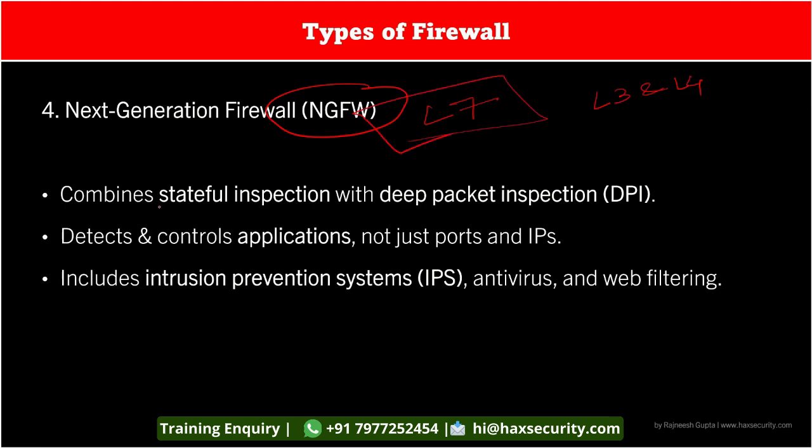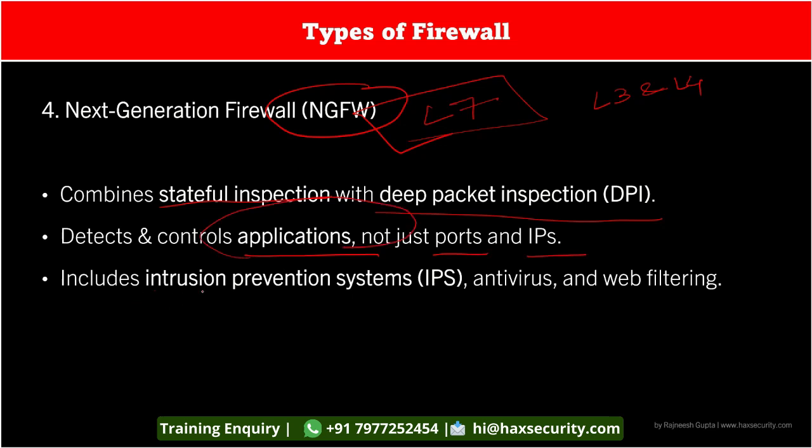So it is a combination of stateful inspection with deep inspection. It detects and controls applications like Facebook, TikTok, Google Drive. So it's not just inspecting the connection based on ports and IP addresses, but the application as well.